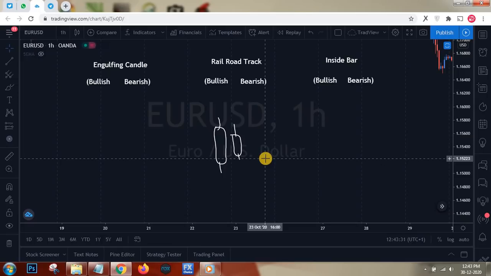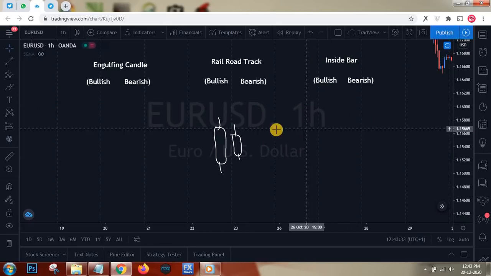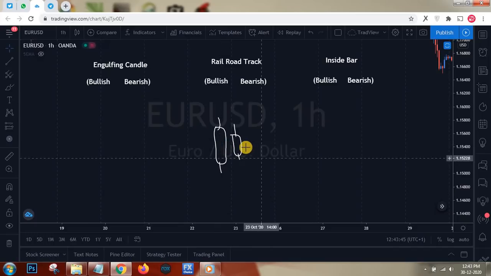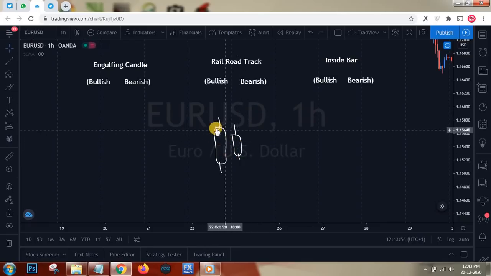Now, whether it's a bearish inside bar or a bullish inside bar depends on this. This is called mother and daughter. That's how we denote it. Mother and daughter, which means every part of the daughter should be covered by the mother.